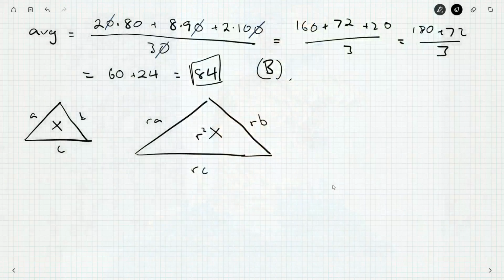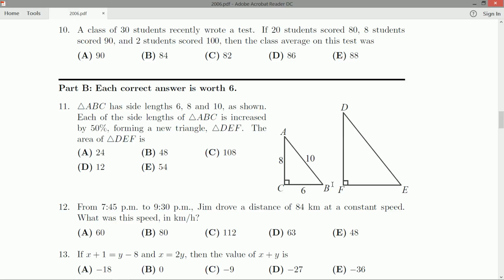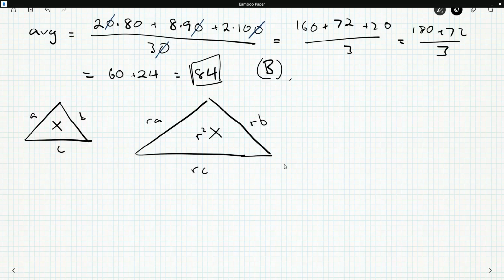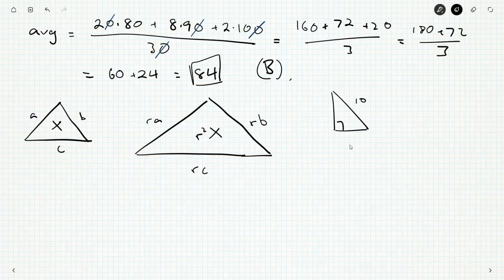So, knowing this result, and that they give me the lengths for this triangle, 6, 8, and 10, I can quickly calculate the area. 1/2 base times height, 1/2 of 48 is going to be 24. And what does it mean to increase by 50%?